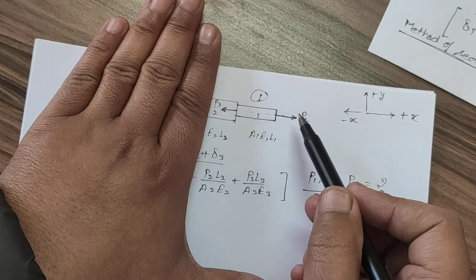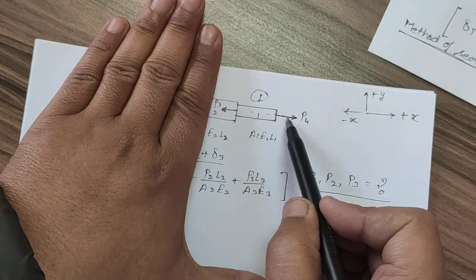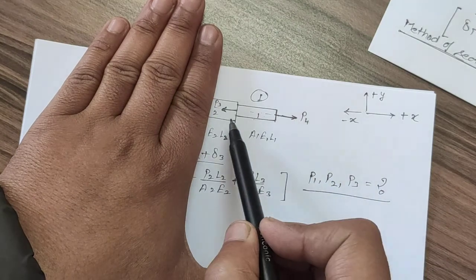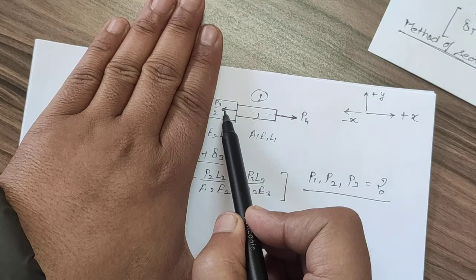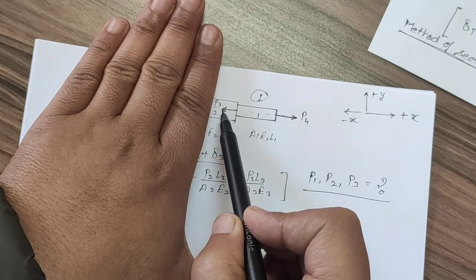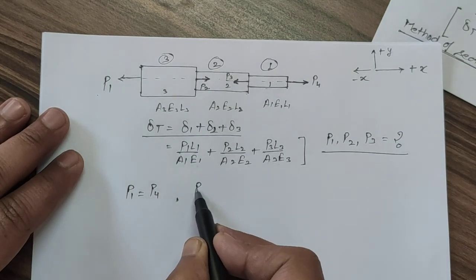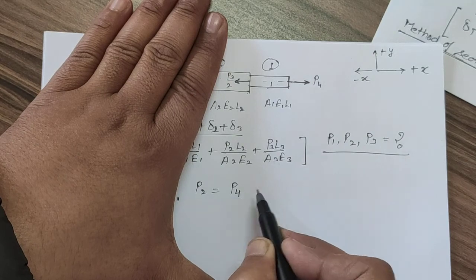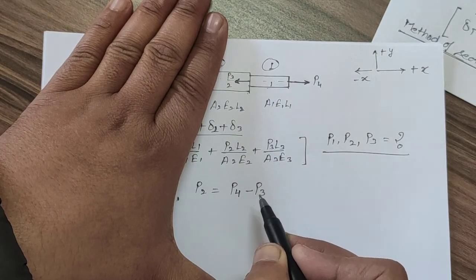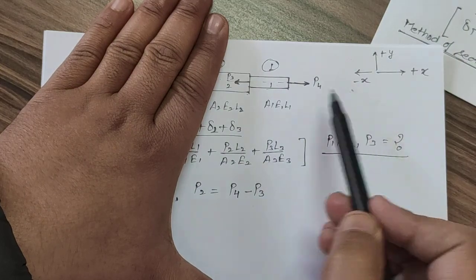Now put your hand on the middle of the two member. What are we observing? P4 is acting in the positive direction, but P3 is acting towards the negative x direction. So the value P2 will be equal to P4, which we take positive, minus P3, which we take negative, because P3 is acting towards the minus x direction.